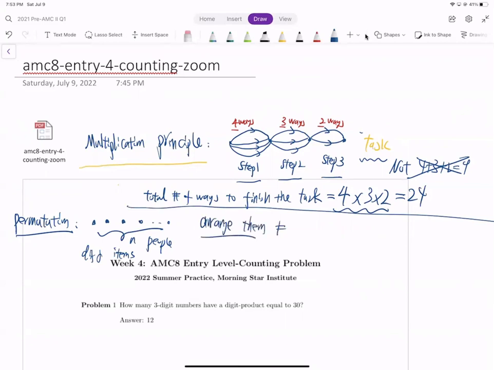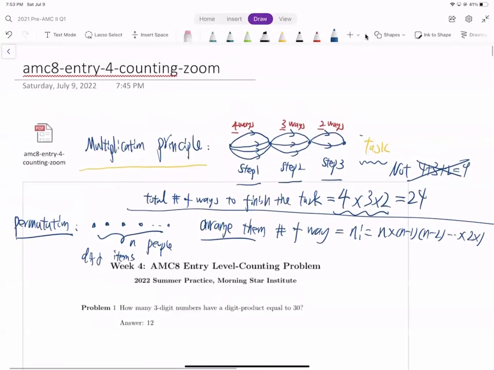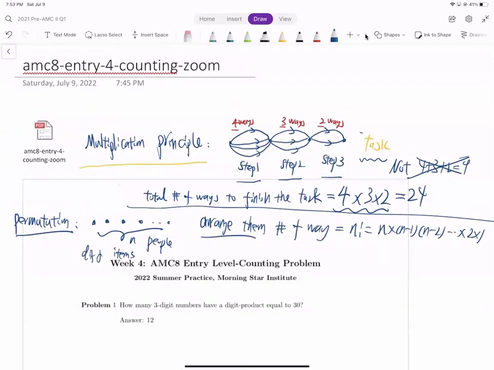Then the number of ways to arrange them and shuffle them equals n factorial, which by definition is n times n minus 1 times n minus 2, and all the way times 2 times 1. The reason is that this is a simple application of the multiplication principle, because you have n spots, or n positions, to accommodate these n items.